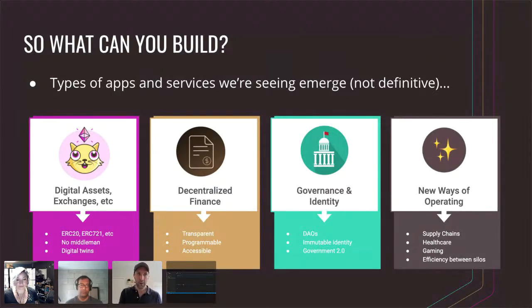Taking that further, what we're seeing emerge, and if you've been playing or working in the space a bit it's hard to ignore, is decentralized finance, or DeFi as it's often shortened to, as a counterpoint to CeFi, or centralized finance. This is arguably one of the hottest and wildest areas in the space right now.